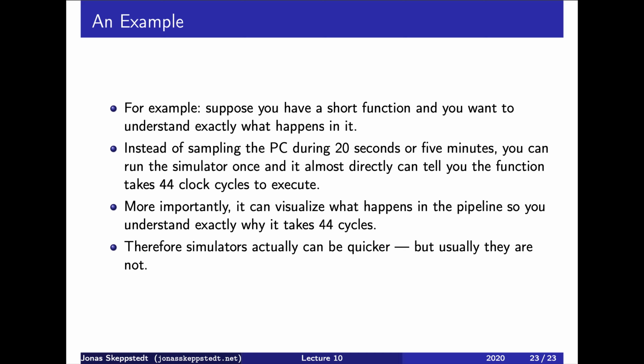Okay, and then if you don't understand why it takes 44 clock cycles, which usually one does not without looking at what happens, then you can use the IBM simulator, if you have a Power machine, to visualize what happens in the pipeline, so you can see exactly what happens.